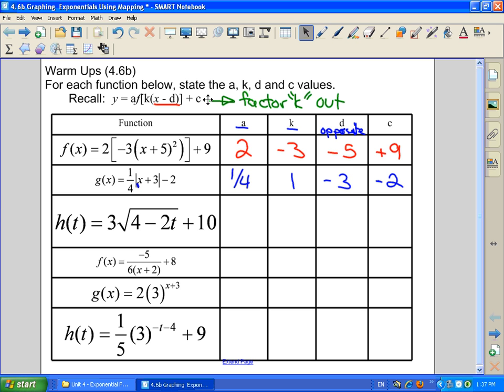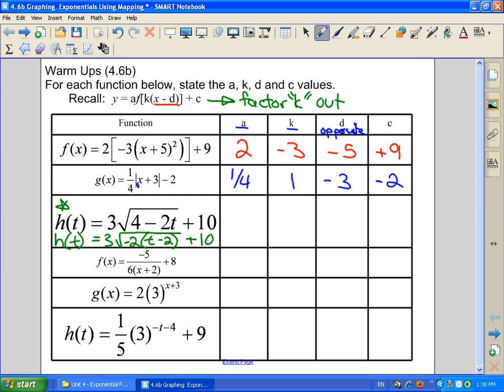Okay, the third one, we've got to be careful here with our h at t. Looking inside the bracket, I don't have it as x minus d. In fact, it's d minus x, but it's not factored out. So the first thing I'm going to do is factor, and I'm going to at the same time move my x or t term out front. So it's going to be -2 bracket t minus 2 closing bracket plus 10.